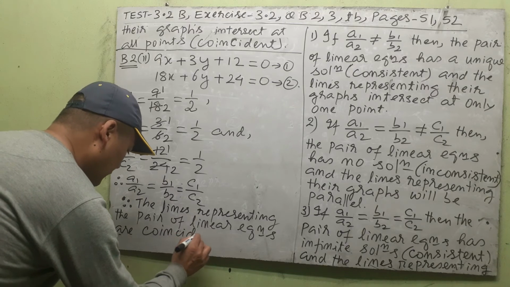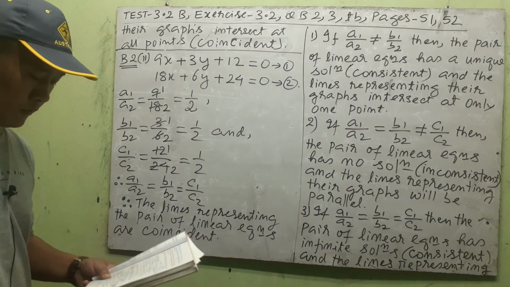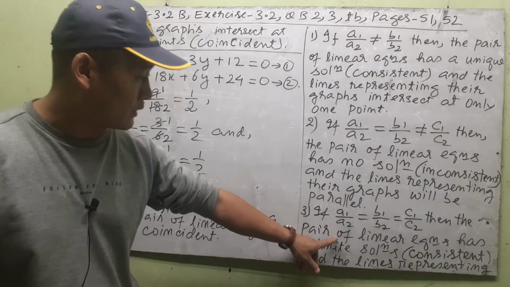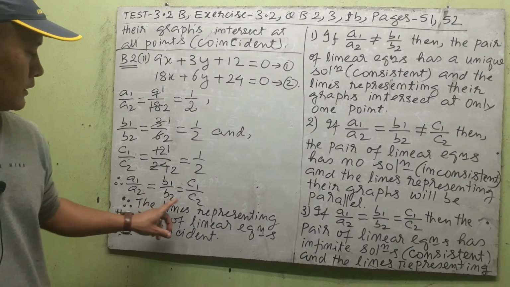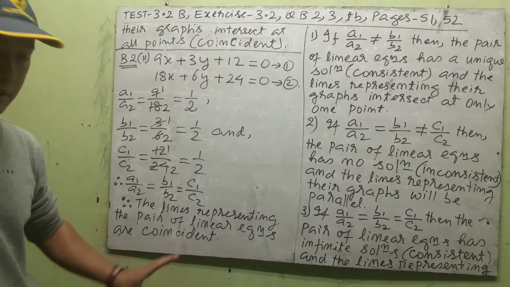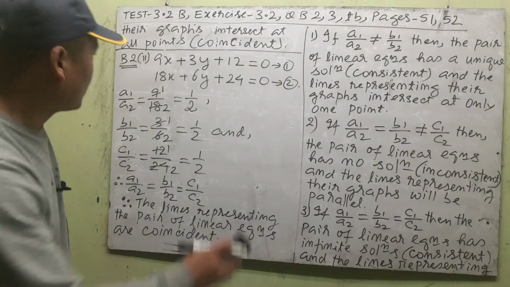The question is saying find whether they intersect at one point, the lines are parallel or coincident, and the choice we know is the third one, A1 by A2 equal to B1 by B2 equal to C1 by C2, exactly like this. So there will be this one, coincident. Hope you're getting it right. One more, the third one.